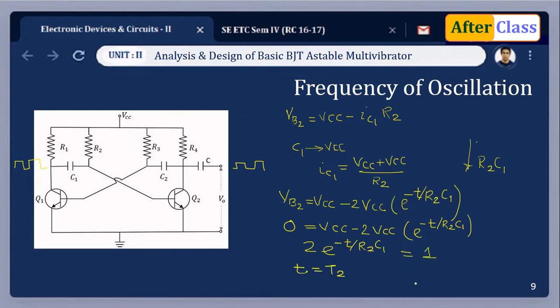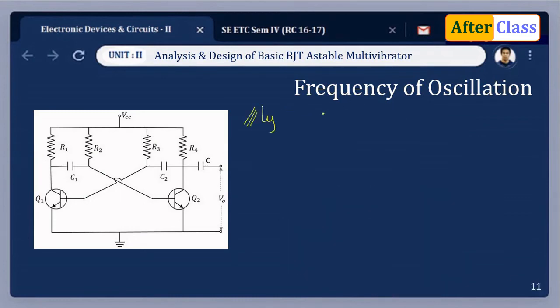So 2 is the off time for transistor Q2, which will be R2 C1 natural log of 2. So T2 is the off time of transistor Q2.